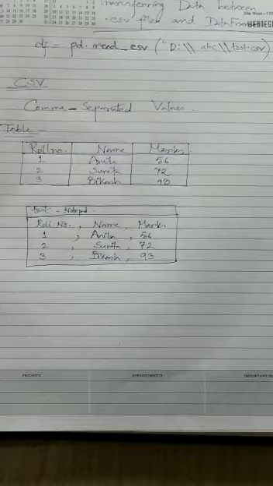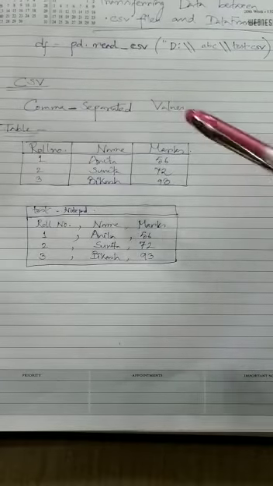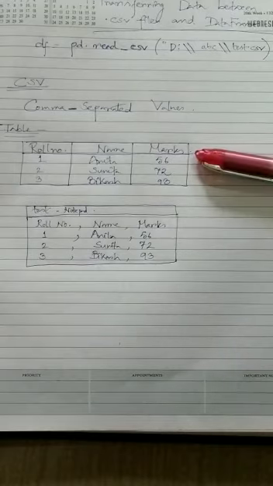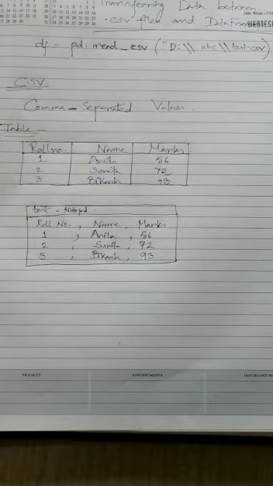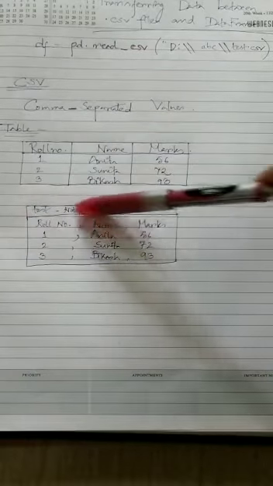MS Excel also has its own format, yes or no? Notepad also has the TXT format. So to store data in comma separated values, you go to file, Save As, and suppose you give the file name test. So you have to give test.csv. Then the data will be stored in this format.